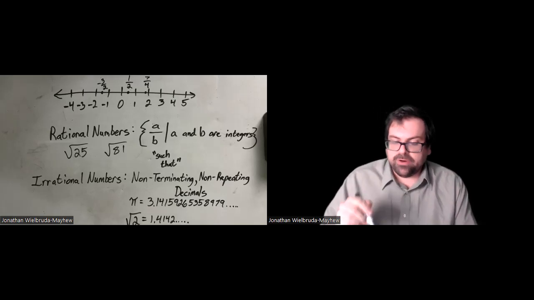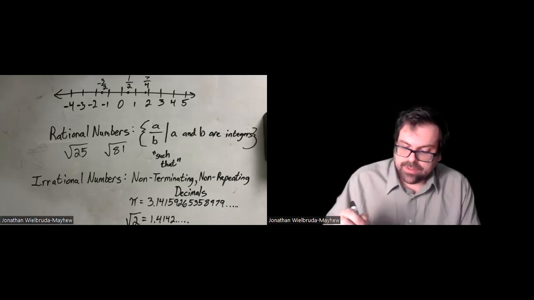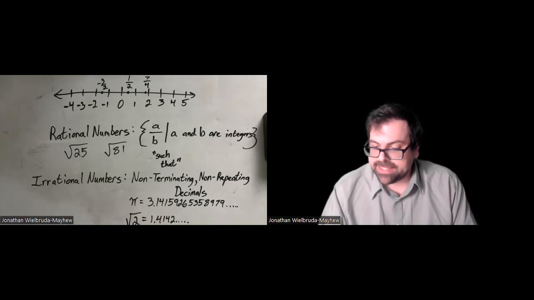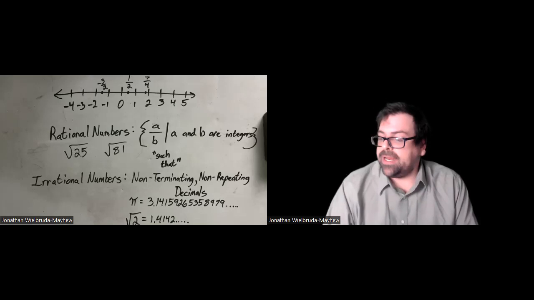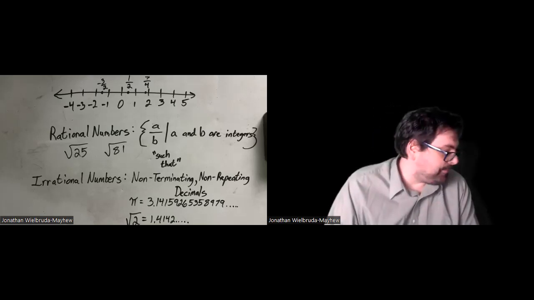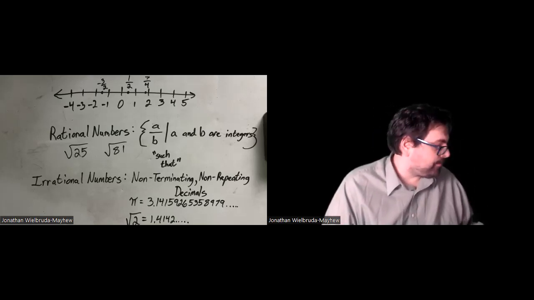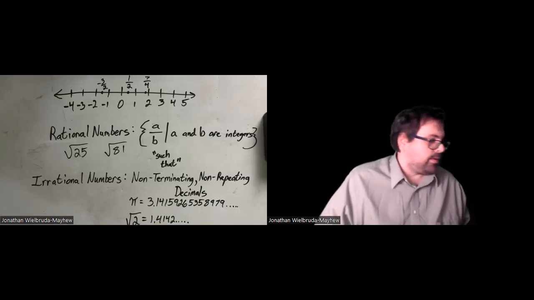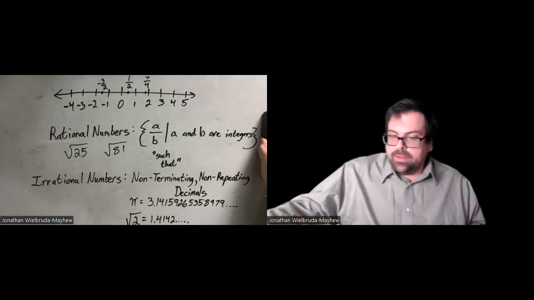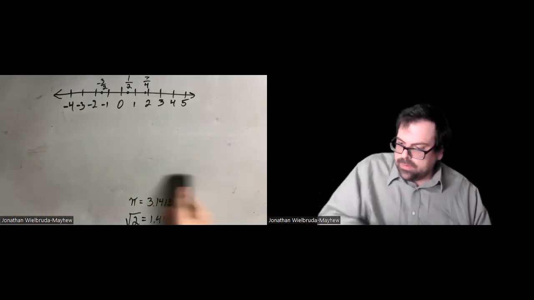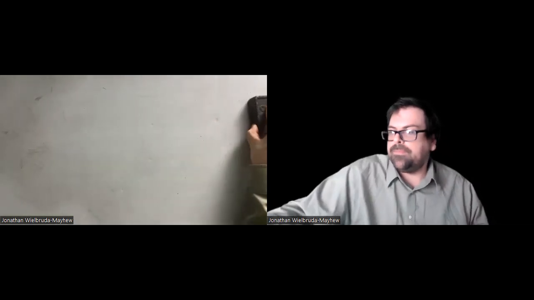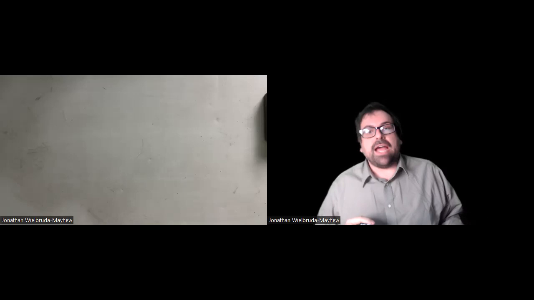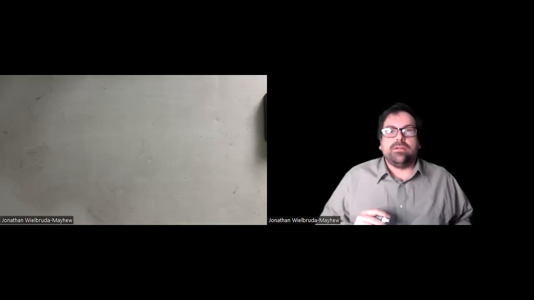Square roots of non-perfect squares are irrational. They cannot be written as a fraction because they are non-terminating, non-repeating decimals. We'll take a closer look at fractions in our next lecture.